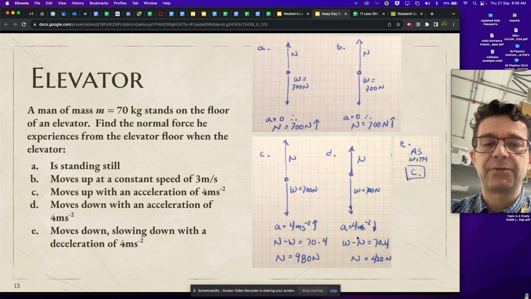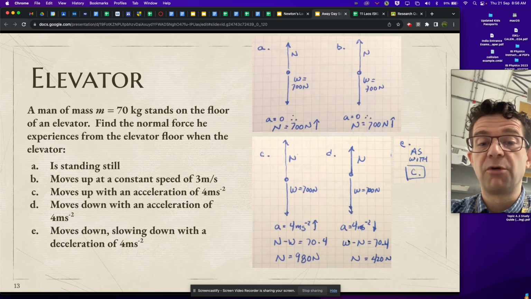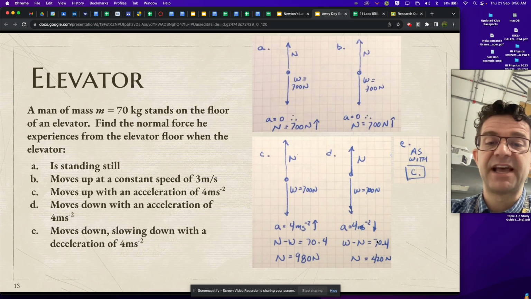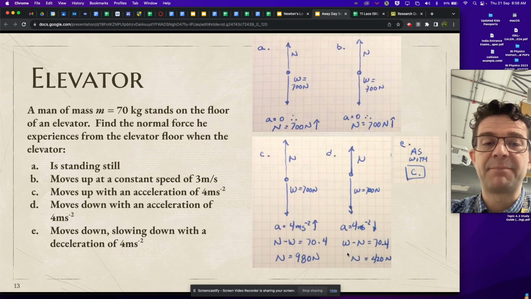But now the net force shows the weight downward and the normal force upward, so the weight is positive and the normal force is negative. Of course, you could equally write this equation as normal force minus weight is equal to 70 times negative 4 meters per second squared. Either way, the opposite happens from situation C.